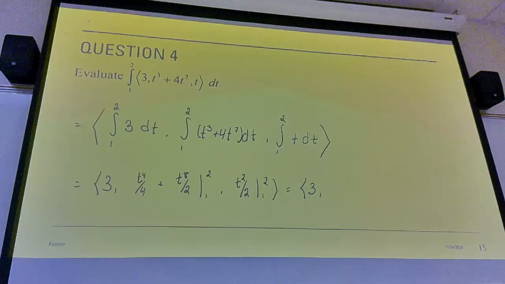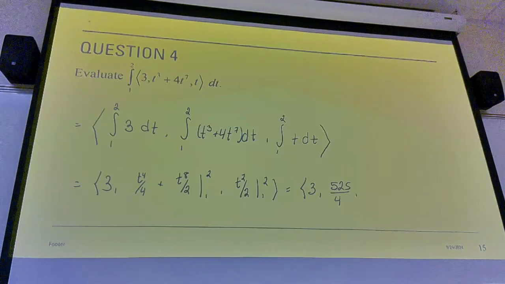What's 2 squared? Over 2. Minus 1 squared over 2. So actually, we could have just gone with 2 squared minus 1 squared all over 2.